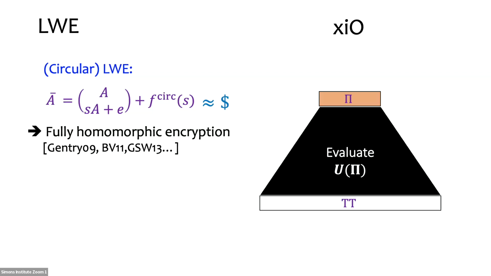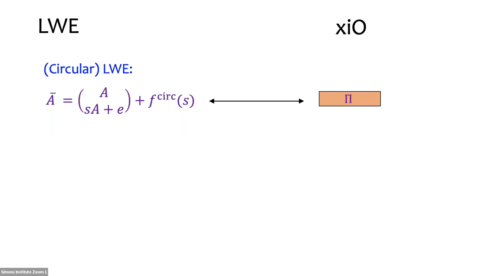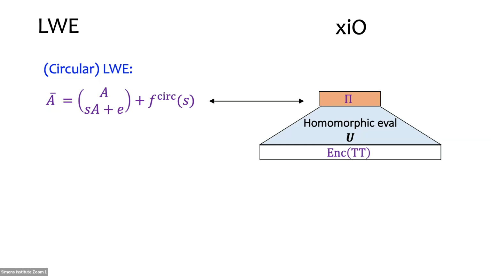And what about XIO? That seems very close, right? The natural idea would be to produce a program encoding using circular LWE samples, and then use the homomorphic evaluation capability we already have to produce an encrypted truth table. Now the gap is clear: I need to somehow get the truth table in the clear.